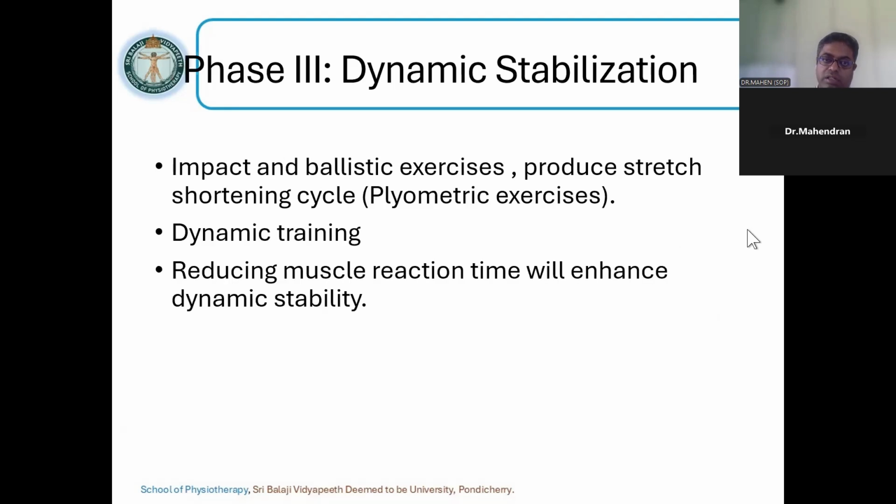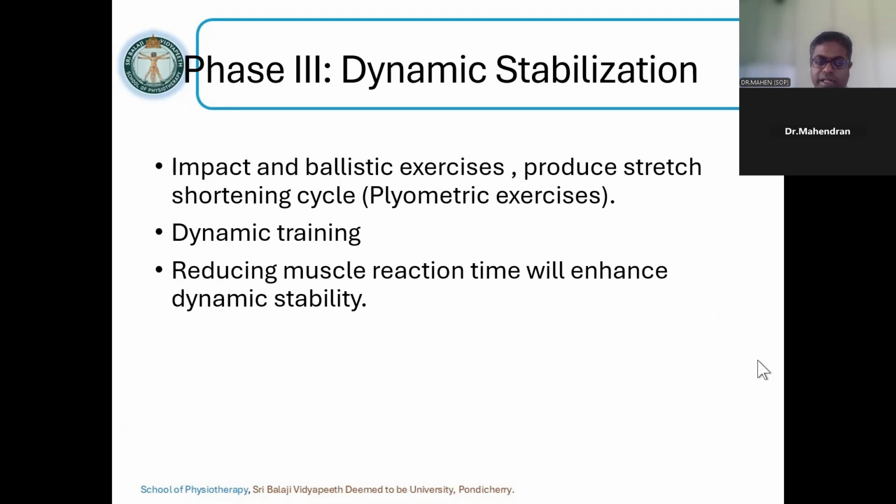The last phase is known as dynamic stabilization. In this stage, we are again increasing the threshold further. We can use some ballistic forms of exercise, like reduced stretch shortening cycles, plyometric exercises, or any other dynamic training.